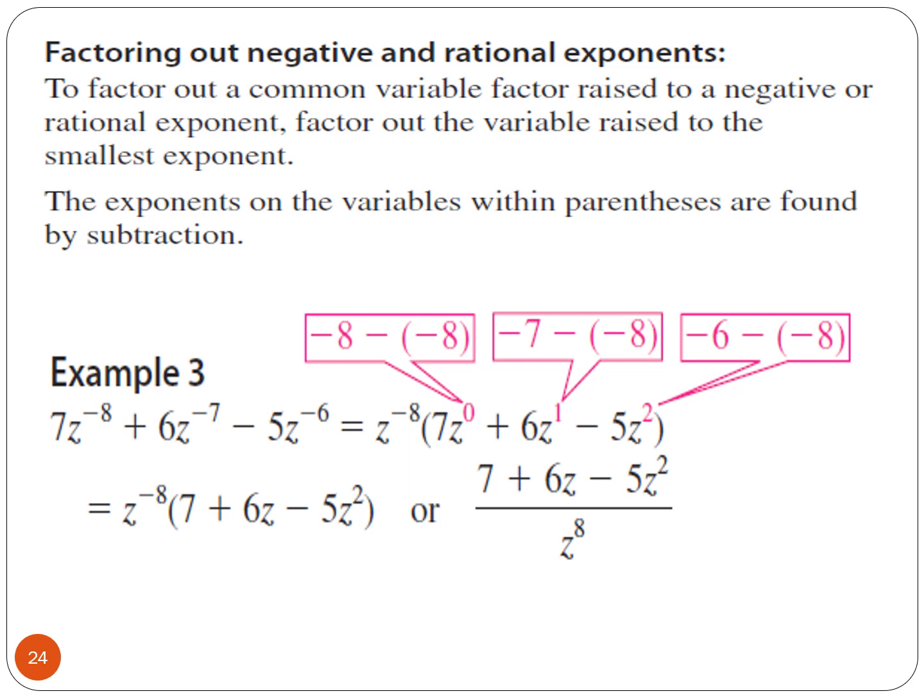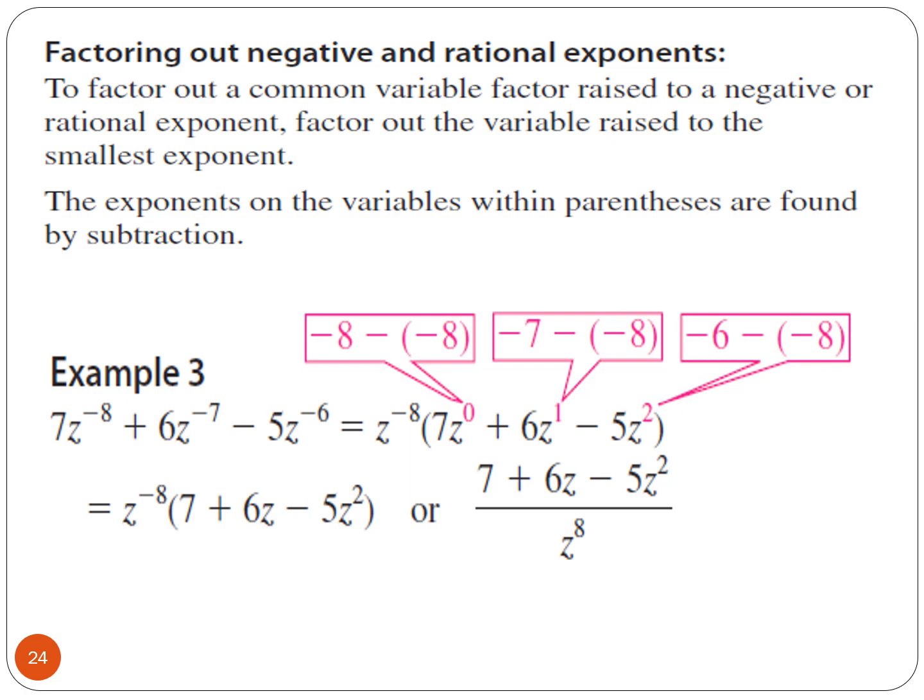Next, we would like to see how we can factor negative terms, and also look at how to factor rational exponents. If you have an expression with a common factor where the variable is raised to a negative power or a rational exponent, you can factor out the variable raised to the smallest exponent of all the terms that you have.